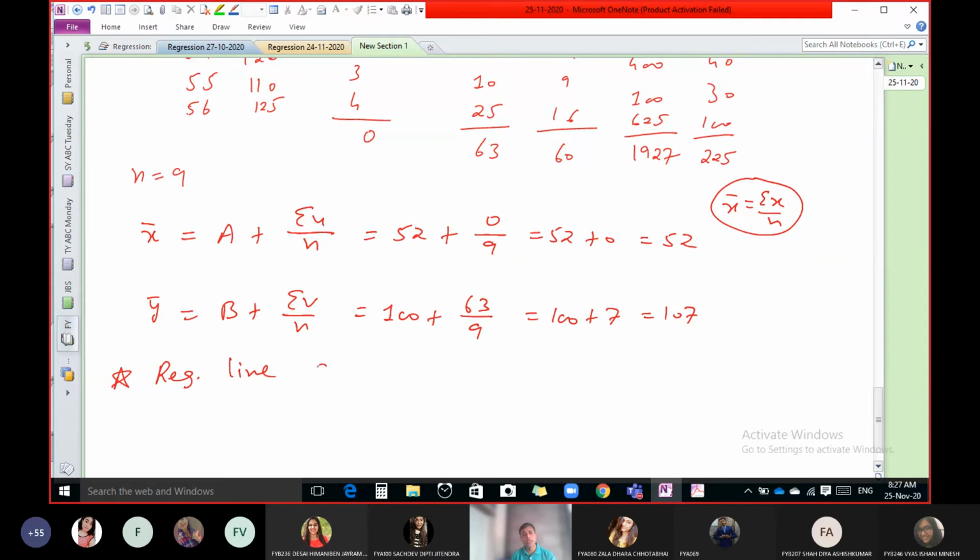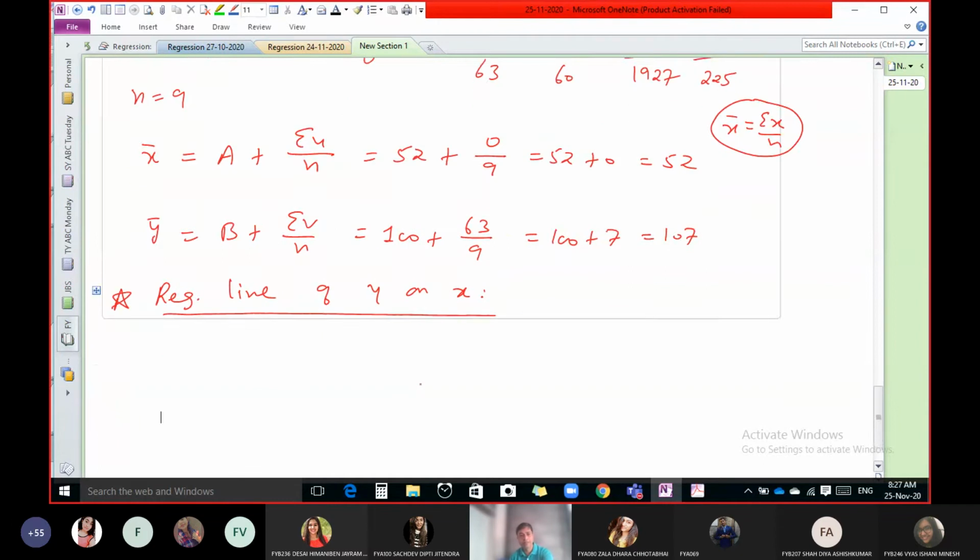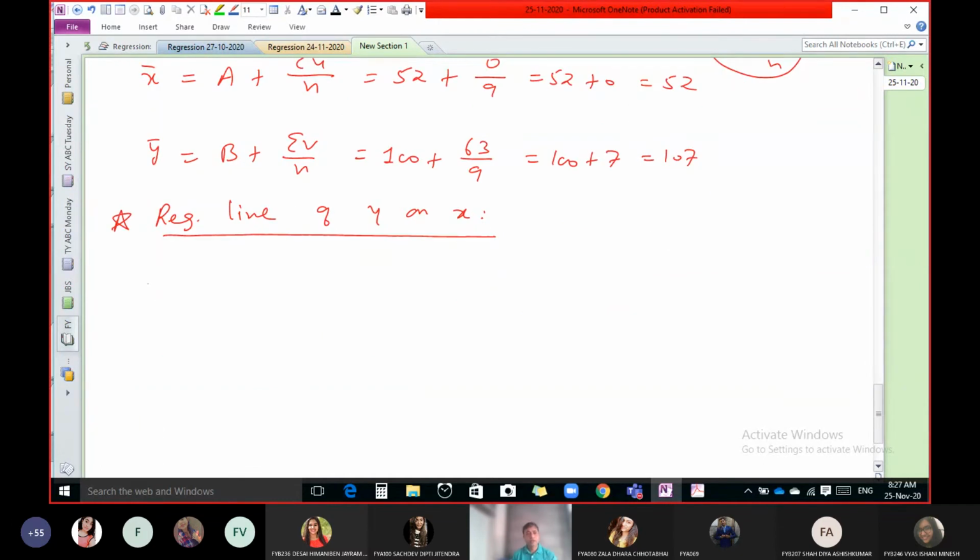Regression line of y on x. First of all, we have to find out, we know the formula y equal to a plus bx. So you can find out b, that is nothing but byx. Which formula is better for this situation?